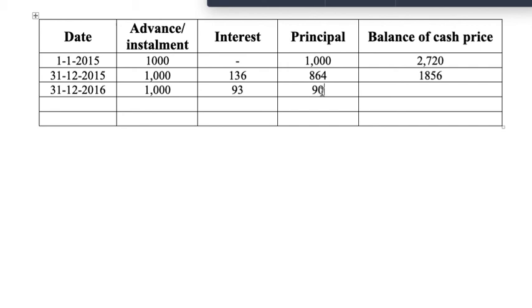So 907 rupees is the principal amount, right? And 907 plus 93 rupees is equal to the installment amount that he has to pay. Now the difference here, that is 1856 minus 907, is 949, right?